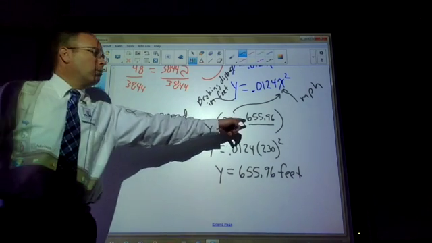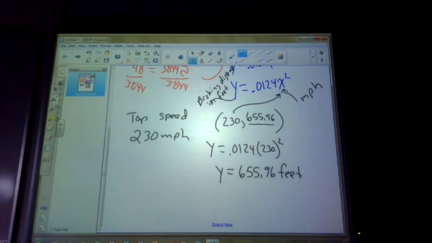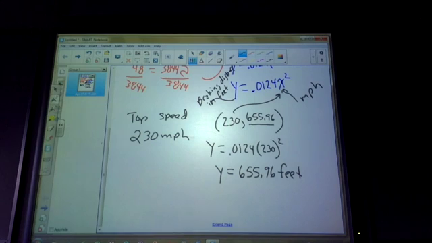So this braking distance, 230 miles per hour that you're doing, it takes less than the length of 2 football fields to stop. Okay? Is it quick enough to stop you? I don't know. Hopefully that accident is happening at 656 feet away, and you would stop and still have 0.04 of a foot to contend with.